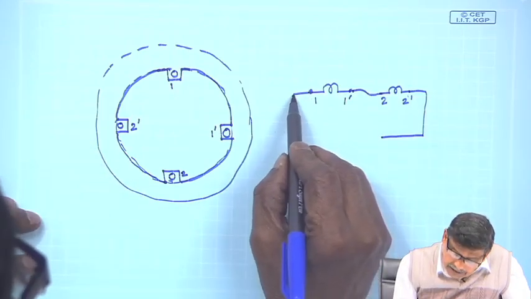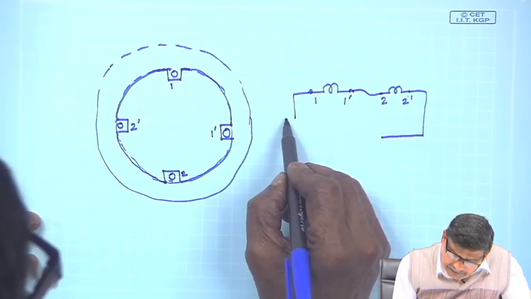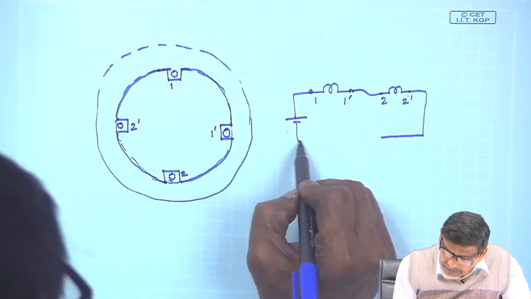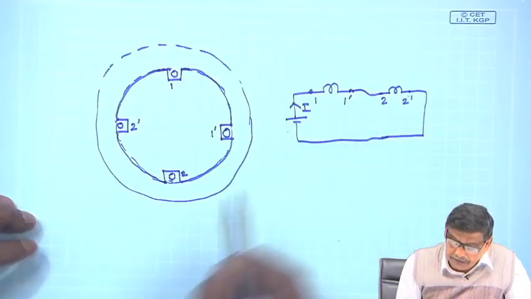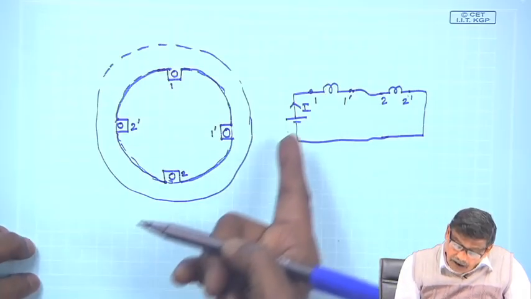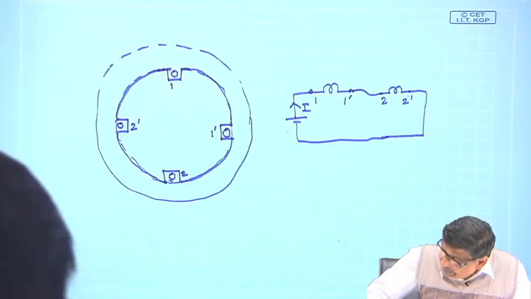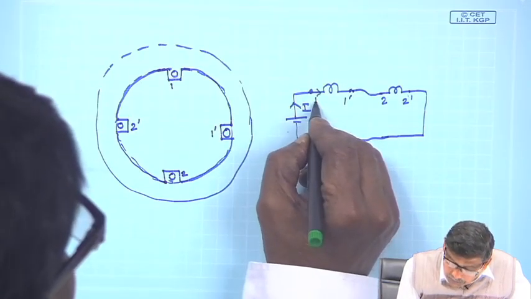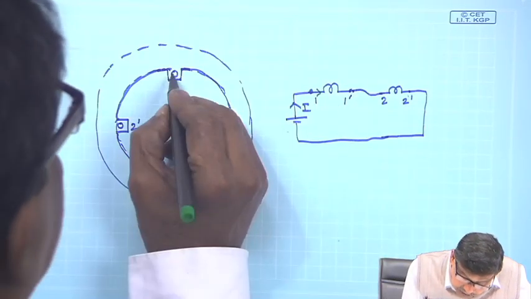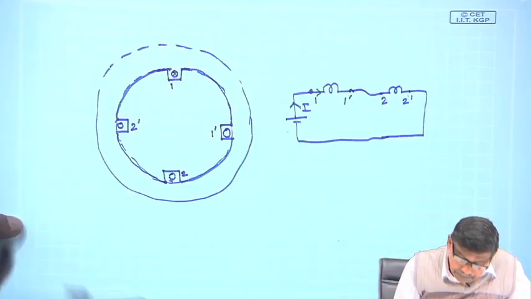I will connect a DC voltage, so that current I flows. So, how to show these currents here? Through the 1 of this coil, 1 dashed current is entering, so it must be shown as a cross.